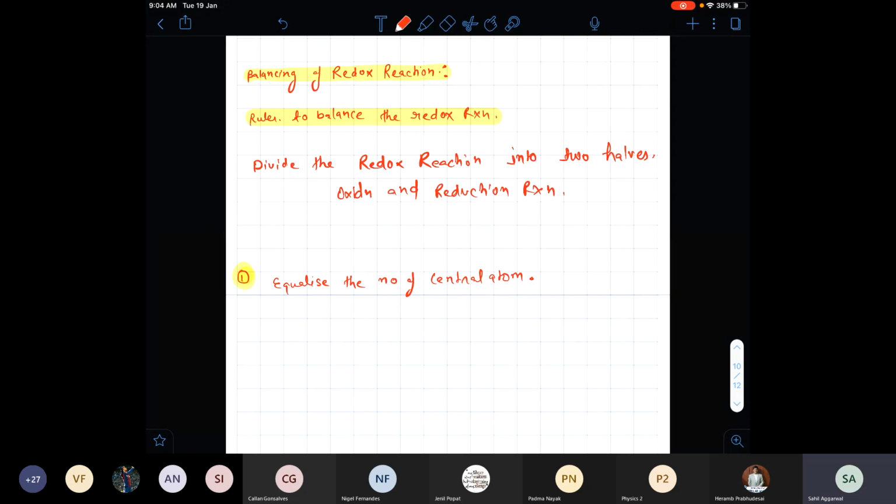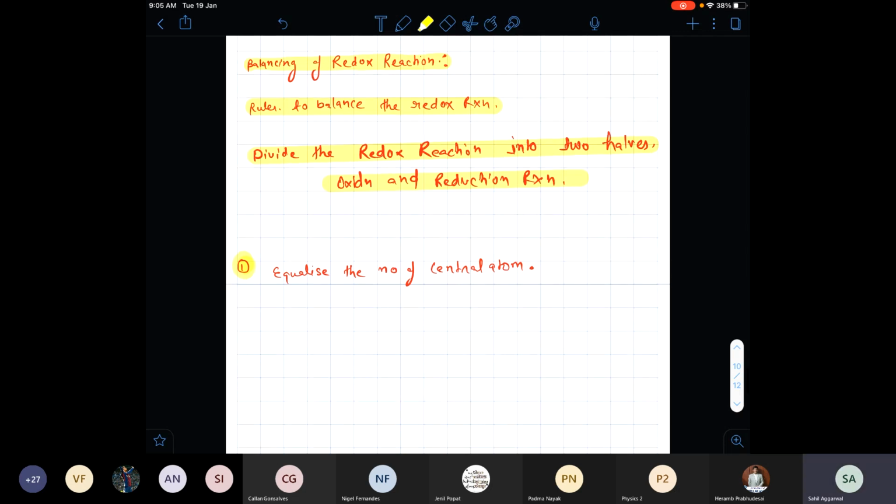Divide the redox reaction into two halves, oxidation and reduction reaction. Okay. Equalize the number of central atoms.